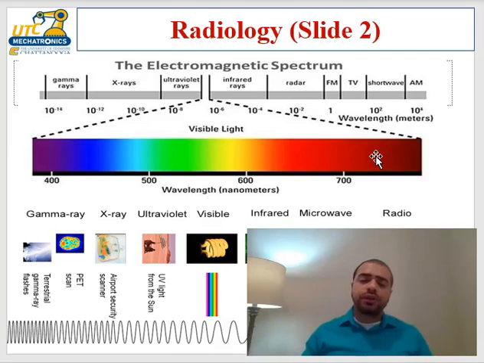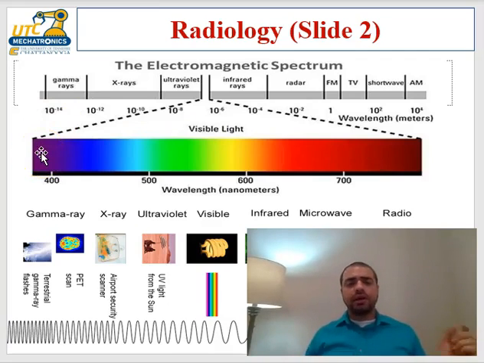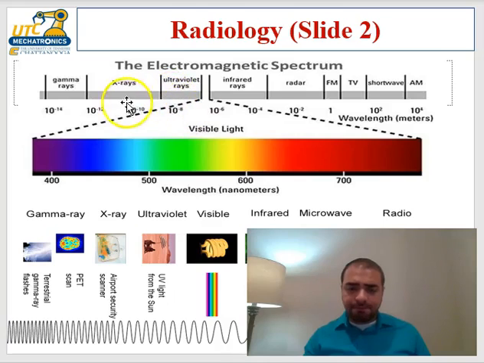On the other end, the shortest wavelengths are the violet. The violet waves have the highest energy, and the lowest energy is in the red light.